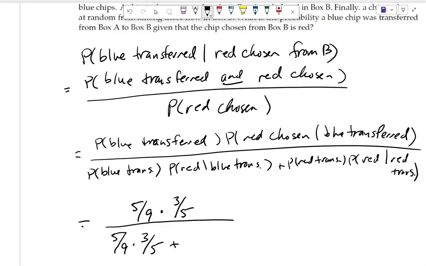What's the other one? 4/9. Good. If you drew a red one out of the first box, there's now 7 out of 10 red chips in the second box, right? So it's a 7/10. Whatever that simplifies to.